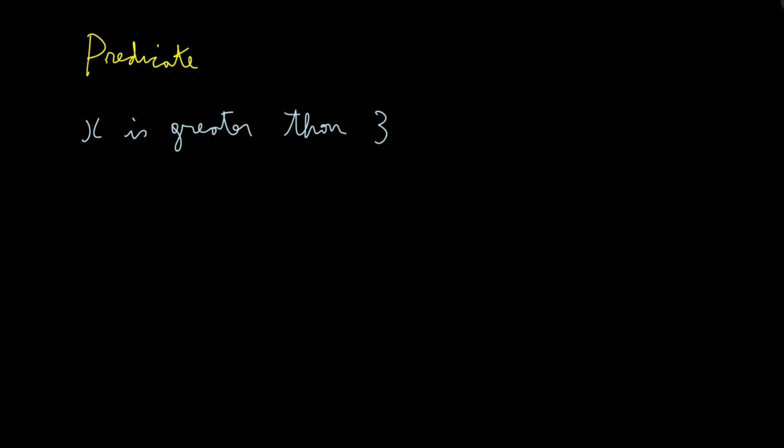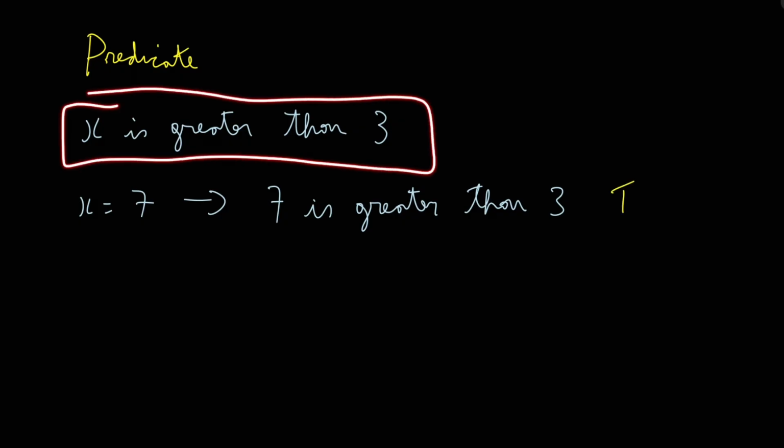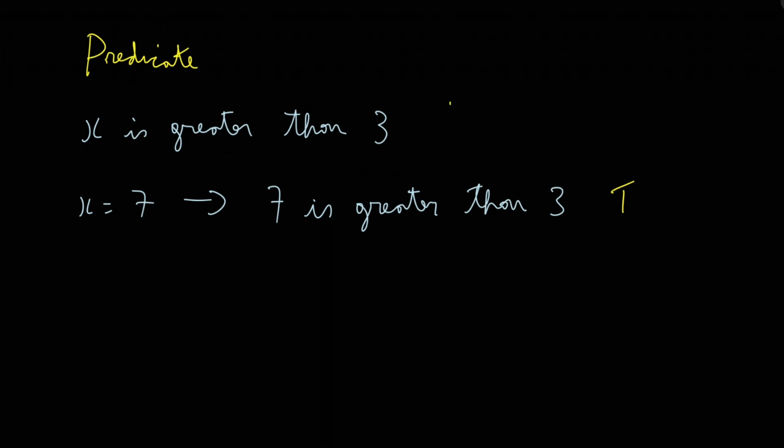But once we give x a value, like x equals 7, then this becomes 7 is greater than 3. And then we have a proposition because now we can assign a truth value. We know that this is true. We usually write predicates like this one as something like p of x, where p is a predicate and x is the variable.